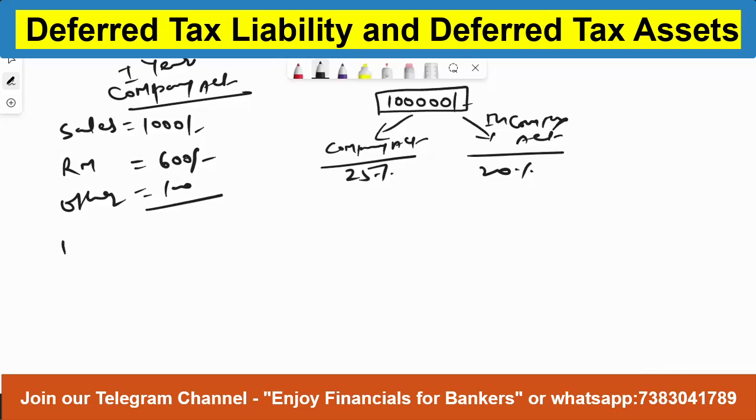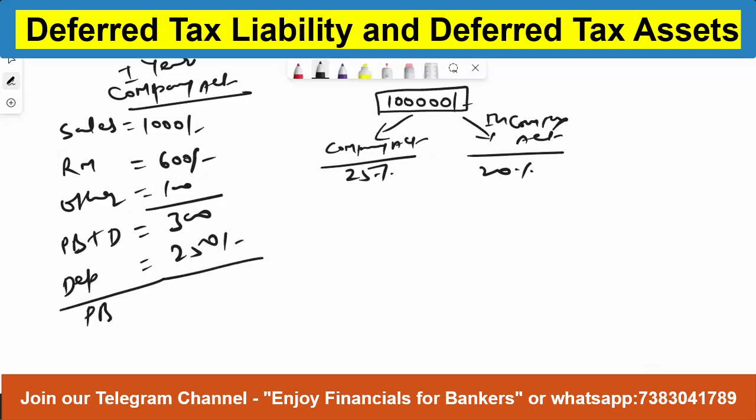So the profit before tax and depreciation is 300. Now the depreciation will be 250, so profit before tax is 50. The tax at 30% will be 15 rupees, so profit after tax will be 35 rupees.